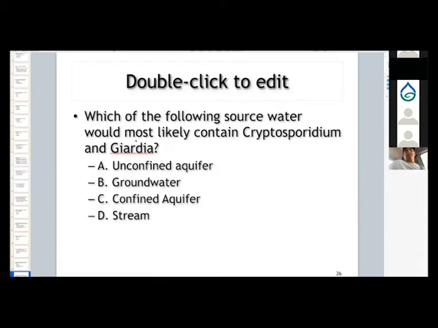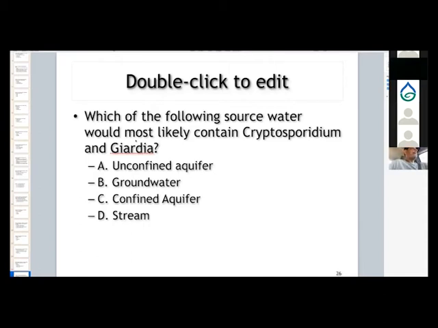Which of the following source waters would most likely contain cryptosporidium and giardia? A, an unconfined aquifer. B, groundwater. C, confined aquifer. Or D, a stream. So surface water is going to be the most likely to contain cryptosporidium and giardia. So it's D, stream.